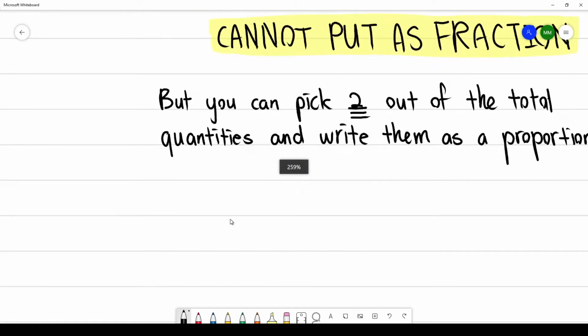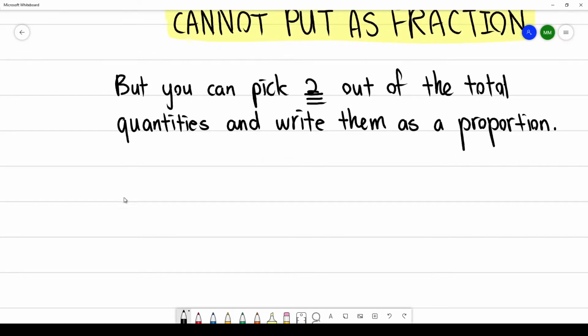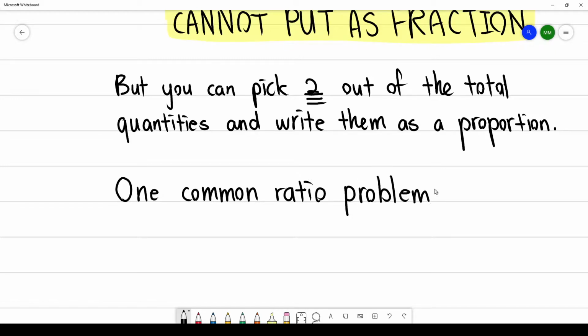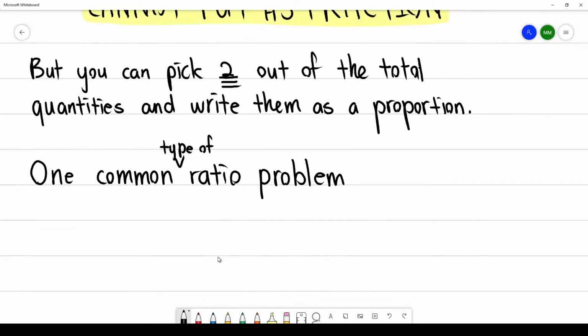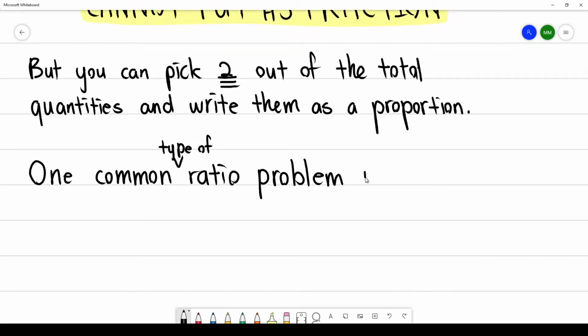And one common type of question involving proportion. Oh, I mean ratios. One common type of ratio problem involves boys and girls in the class.